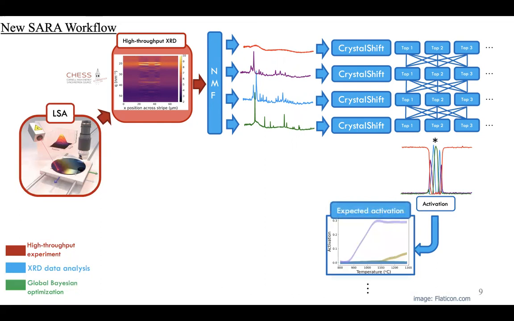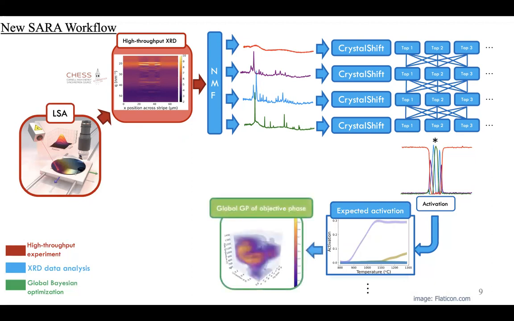Most of the phases are inactive, and for some phases you have a finite activation. At this point, we also used a GP just to smooth out and get some uncertainty measurements. Then we pass through a global GP to model where the phases are present in the global condition space. For each of these loops, we're trying to optimize the activation of one of the phases, so we use an expected improvement acquisition function to select the next experiment.